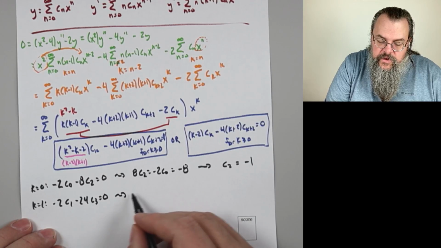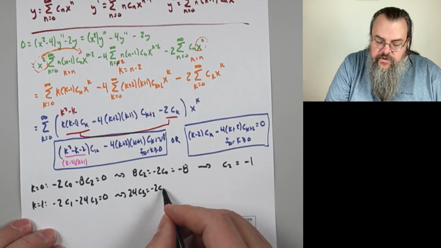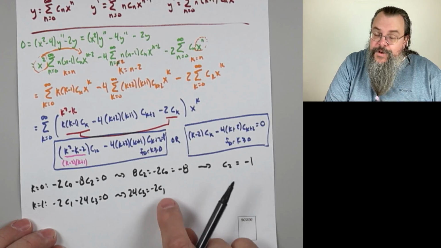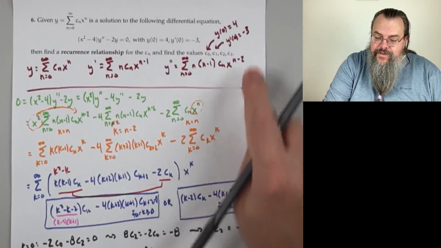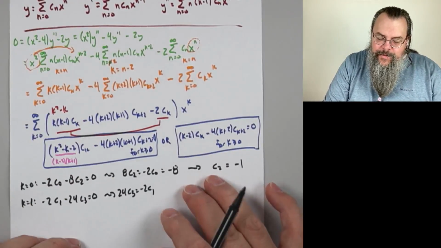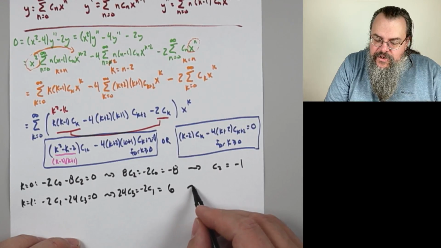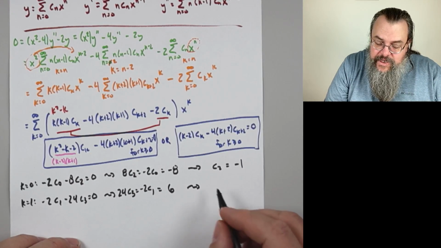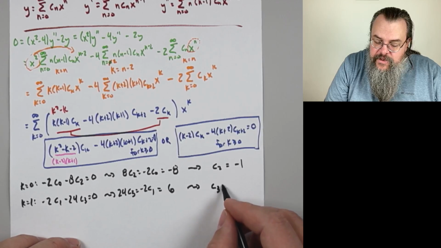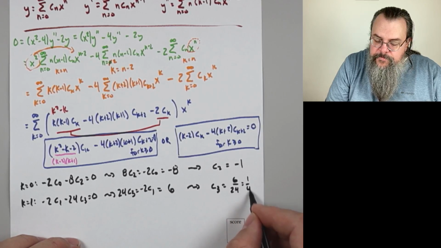So again, 24 C3 is minus 2 C1. But do we know C1? Yes, it's negative 3. So minus 2 times minus 3 is 6. Well, that tells us that C3 is 6 over 24, which is 1 over 4.